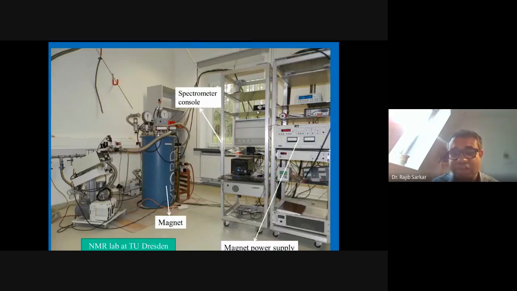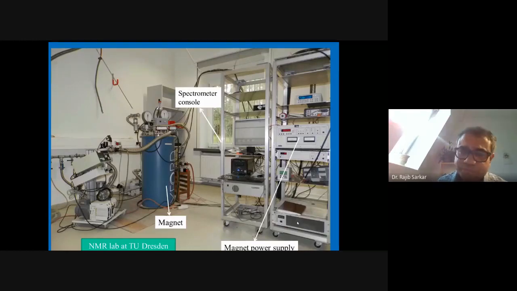This spectrometer console is very small because for this particular spectrometer we only vary the frequency from 4 to 125 megahertz. Therefore you don't need such a big spectrometer console, and you only need a kind of radio frequency amplifier. In general, these are the schematics. These are one representative lab we have in our Dresden.